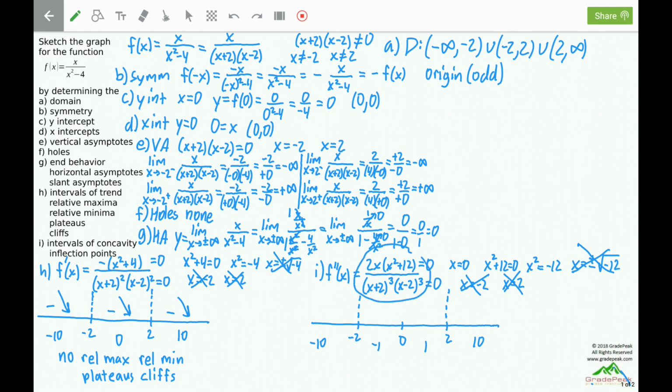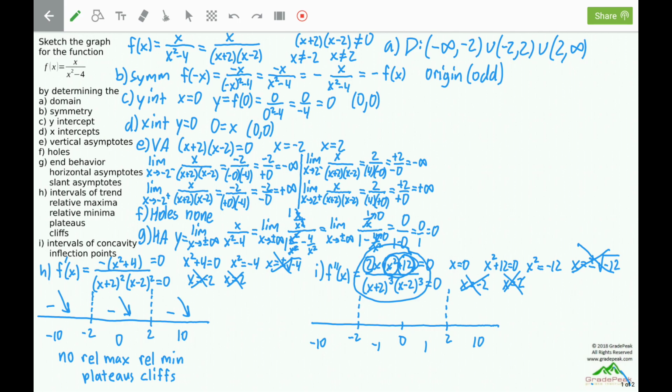version. That's this. A couple of things about this. The 2 in the numerator is always positive, so it will not affect whether the second derivative is positive or negative. X squared is always positive unless x is 0, but then it's added to 12, and that's guaranteed always positive. So that portion of it is also always positive and does not affect whether the second derivative is positive or negative.